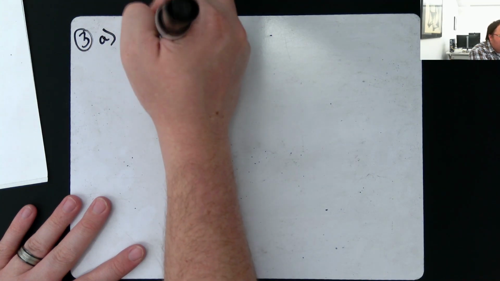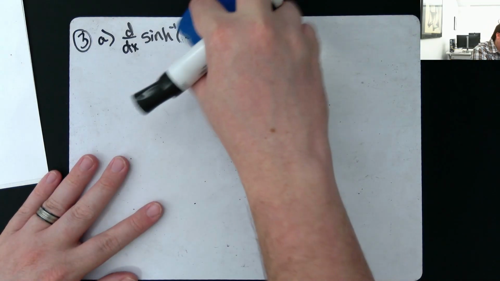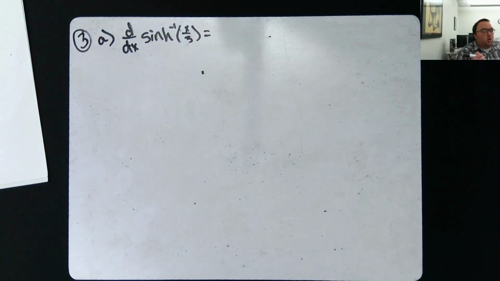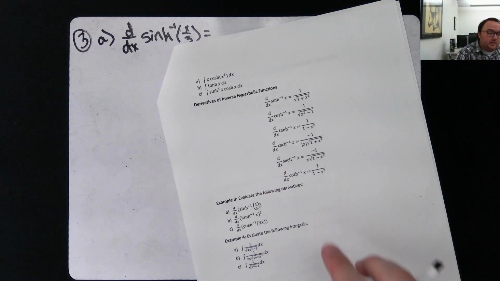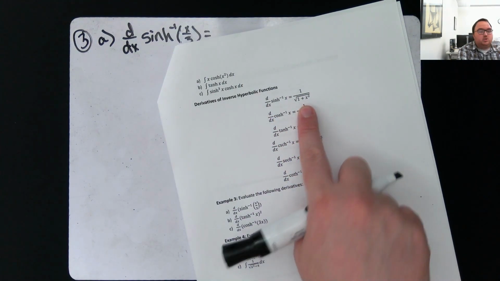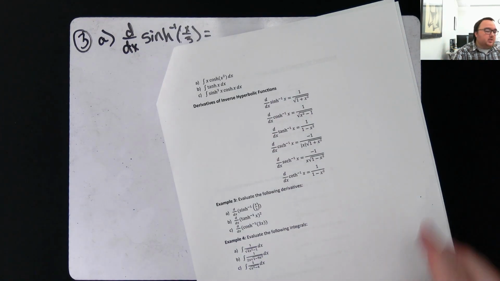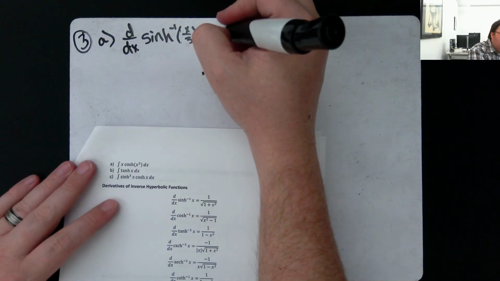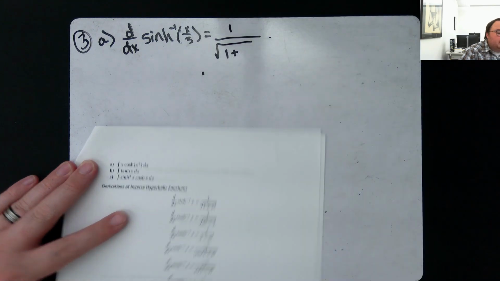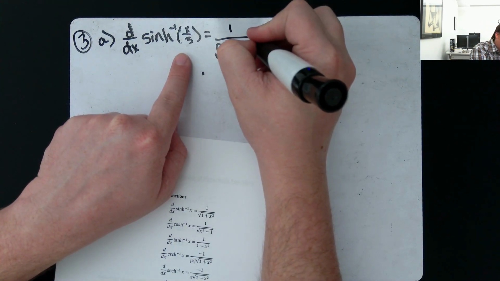I know our rule for the derivative of the inverse hyperbolic sine is 1 over the square root of 1 plus x squared. I'm going to use that because the inverse hyperbolic sine is the outermost part. So that's going to be equal to 1 over the square root of 1 plus the inside, which is x over 3, so make sure to use x over 3 for that.